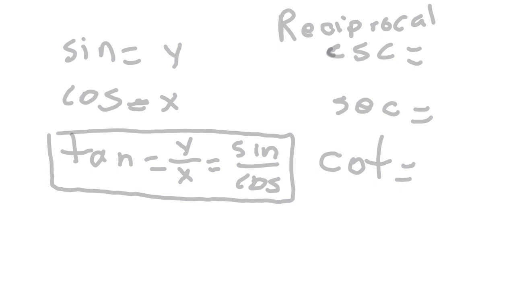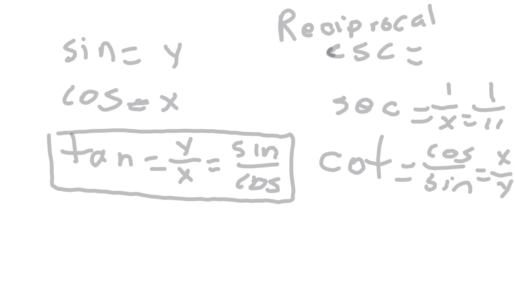They're reciprocal functions. So cotangent would be cosine over sine, which means that's x over y. And then secant is going to be the opposite of this, which would be 1 over x, or what we like to use is 1 over cosine.